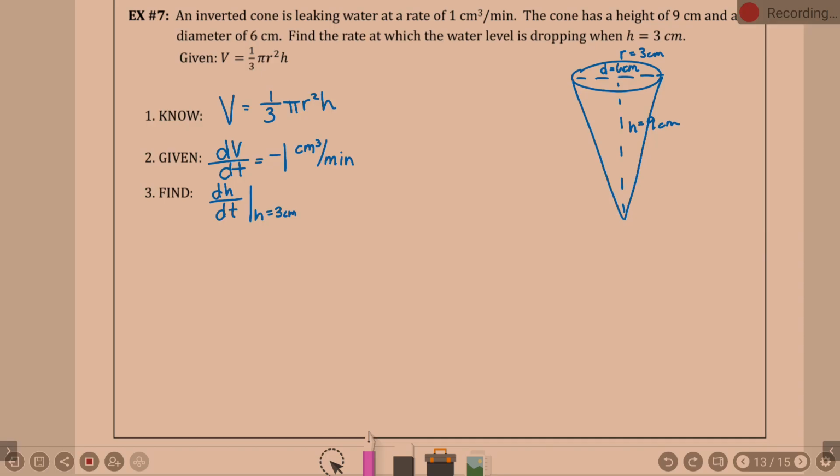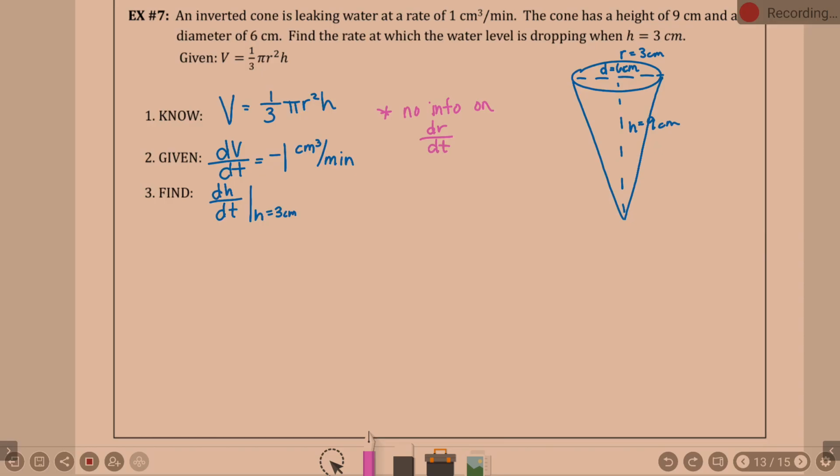When you notice that there is no info, and in this case there's no info on dr dt, we have to do something differently before we proceed. Usually in this scenario, there is a way to take this R and define it in terms of another variable. And in that case, this means we have to define it in terms of H. Okay?